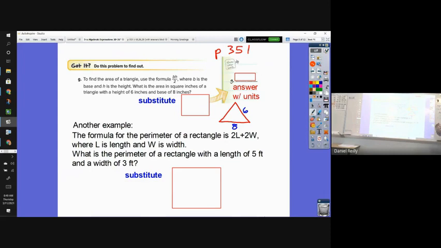Right. What has to be true about the base and the height in a triangle? They have to be perpendicular or make a 90-degree angle, right? That's the relationship of base and height.